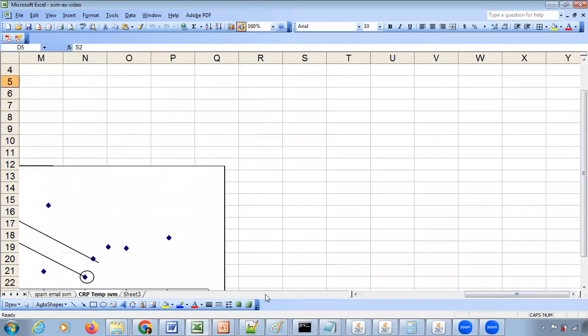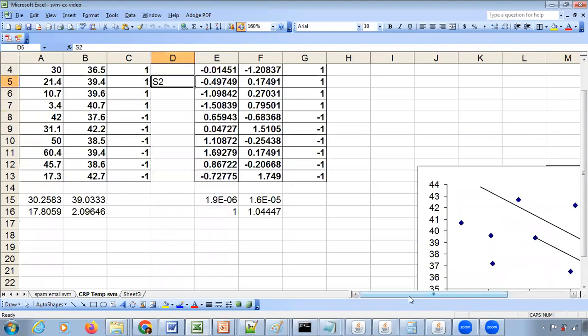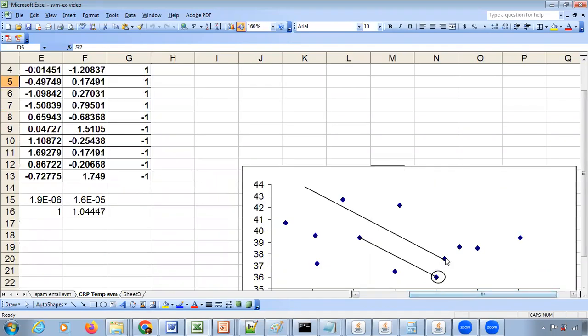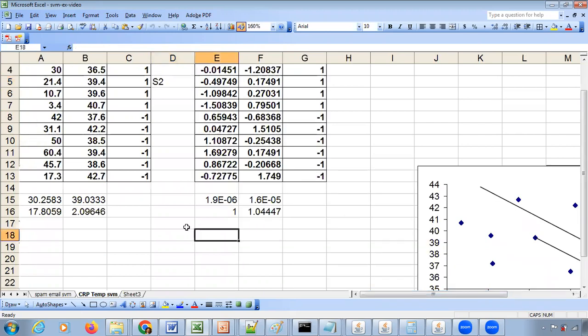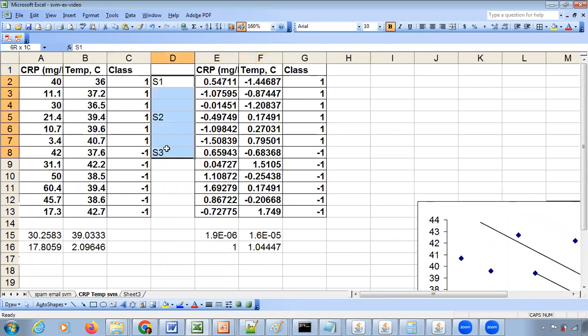Is this one. It's 4237.6, I'm just confirming. So that's this first one. So that's S3. So those are the 3 support vectors that we're using here in the 2 classes.